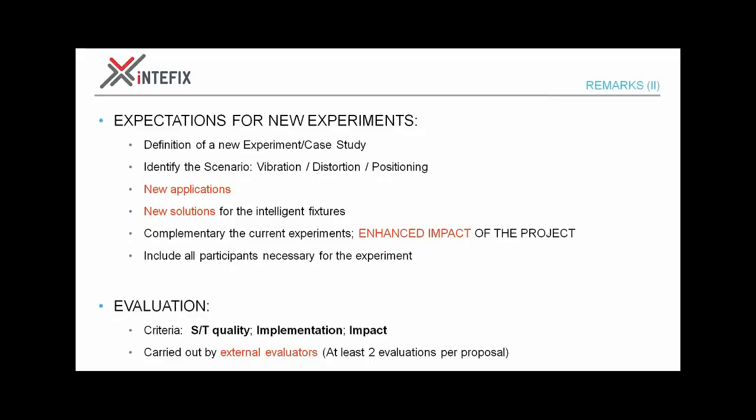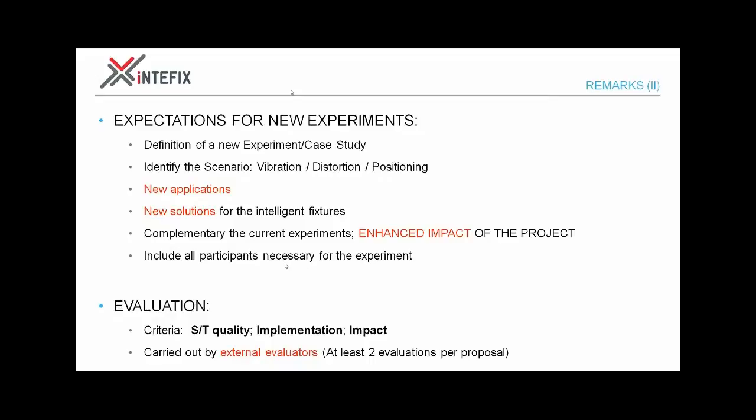Your proposal should be different from those already existing in the current project. Okay, so the idea is to propose complementary experiments with new solutions, basically, in order to enhance the impact of the project.